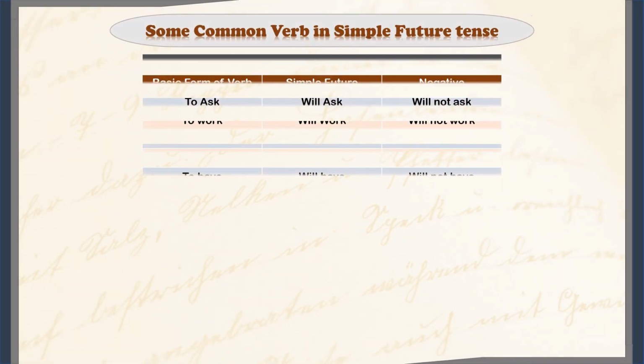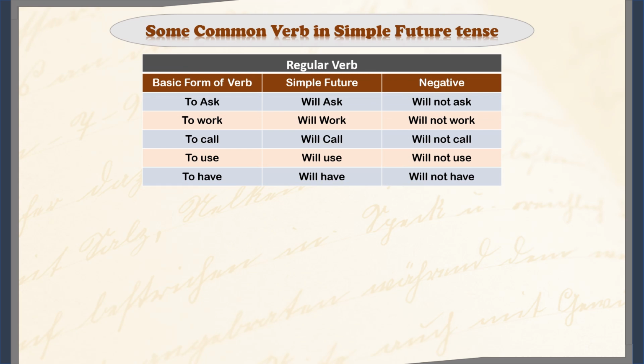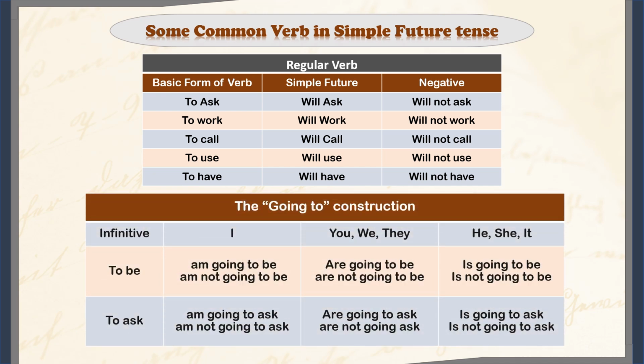Now here you can see two tables. The first table shows you some common regular verbs in simple future tense, and the table below it shows you the construction of sentences using going to. Please go through both the tables.